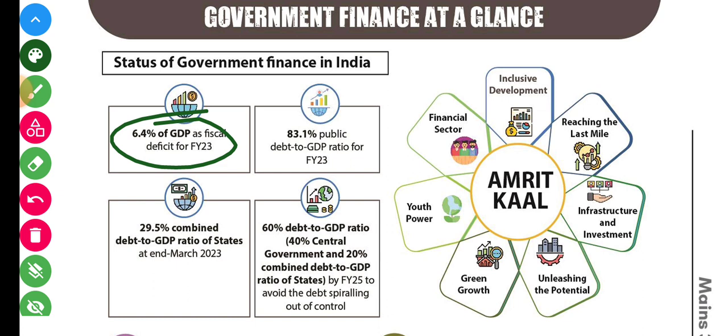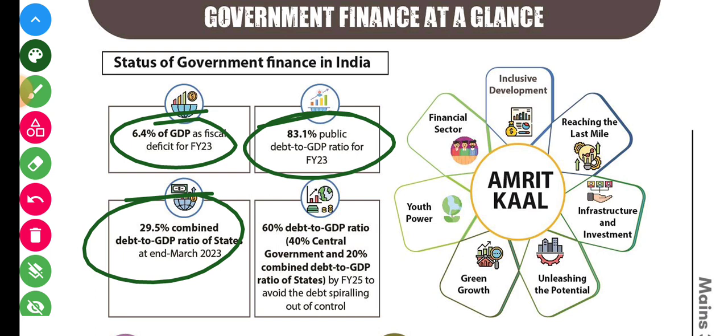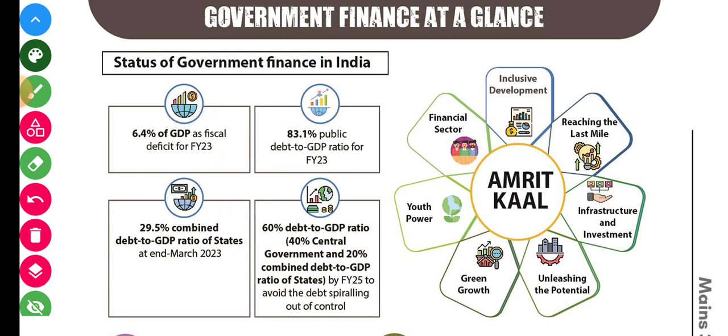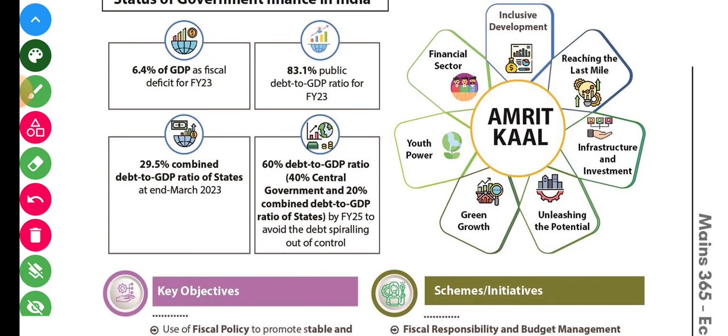So remember this. 83.1% public debt to GDP ratio for financial year 2023, 29.5% combined debt to GDP ratio of states in March 2023, and 60% debt to GDP ratio presently. There are 40% for central government and 20% for state government. Okay, so you can remember this.